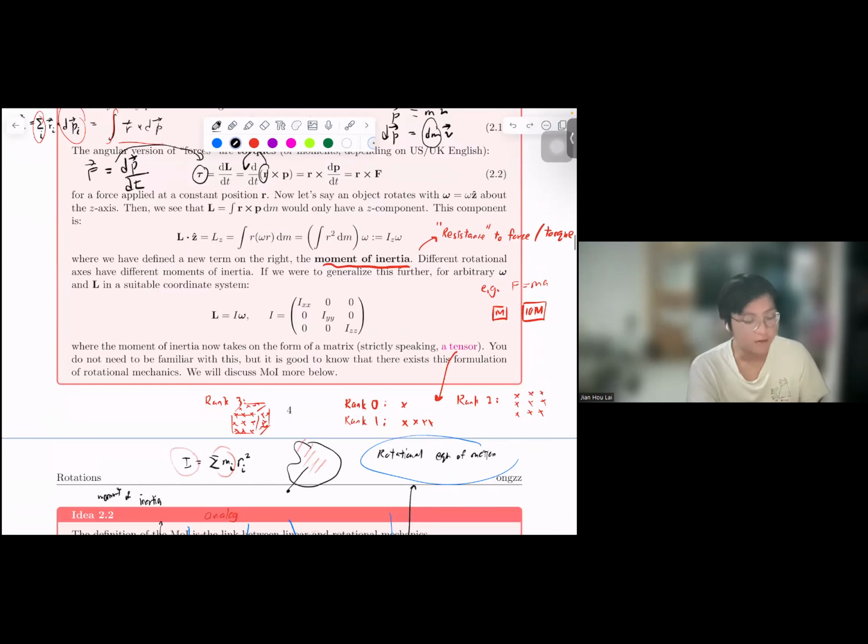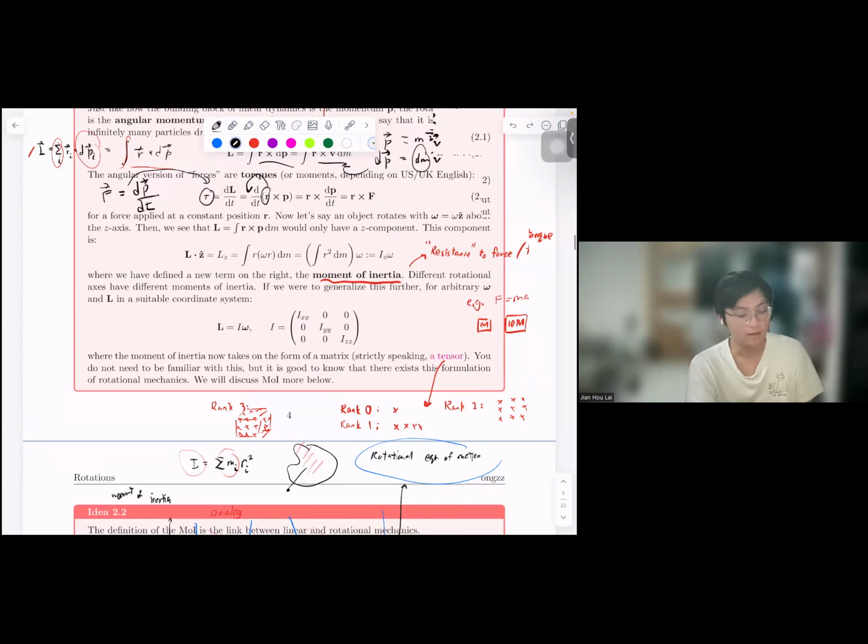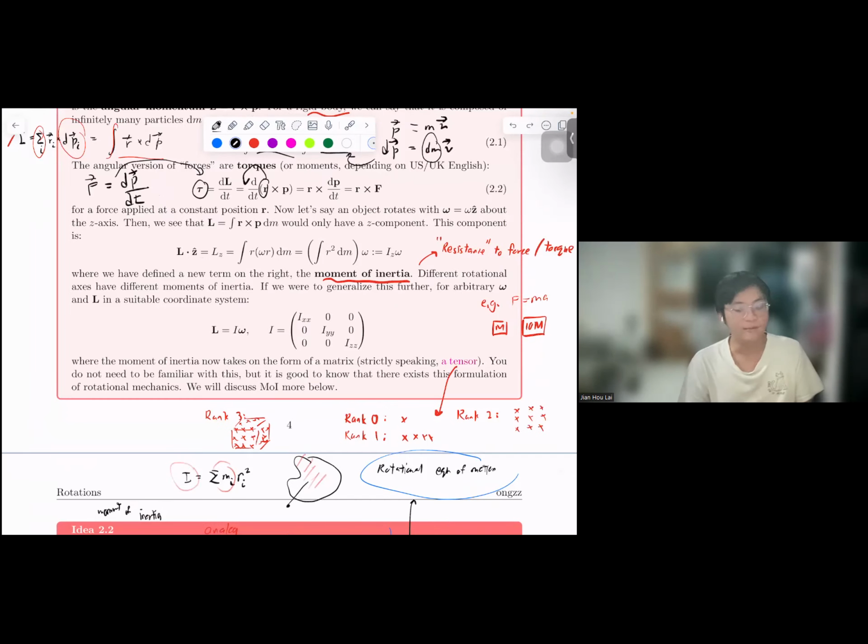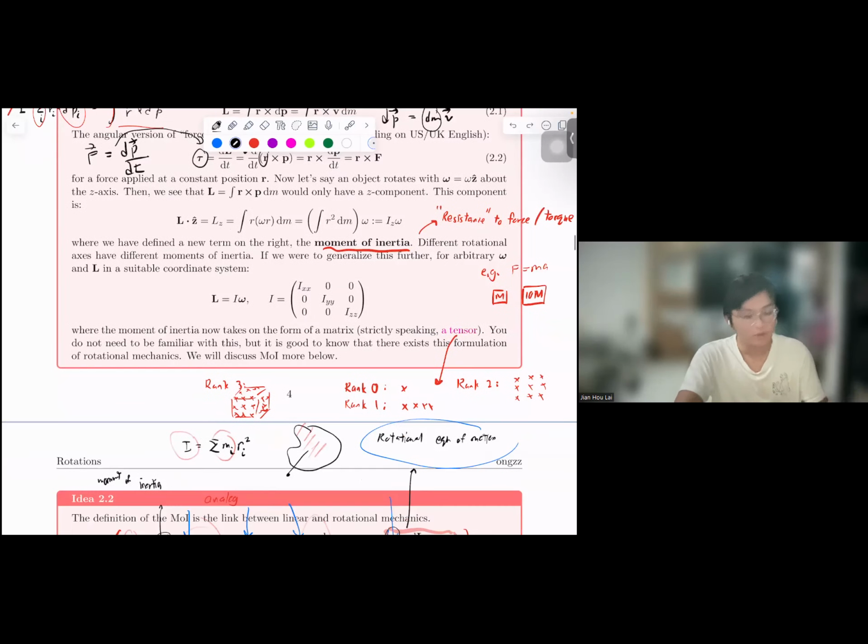There's a thing we talked about just now, the normal inertia. Inertia is like resistance to the force, or in the rotational case, more resistance to the torque, resistance to the change in the motion. For example, you have a mass M and another object with a mass 10 times bigger.